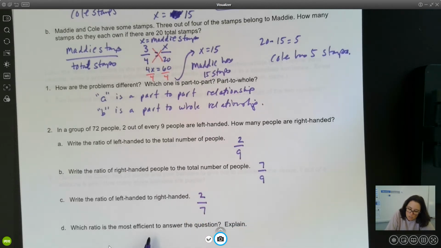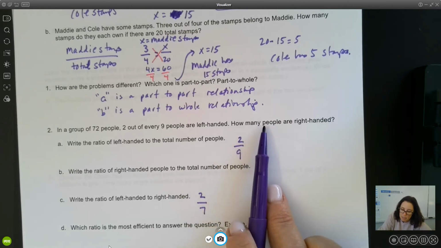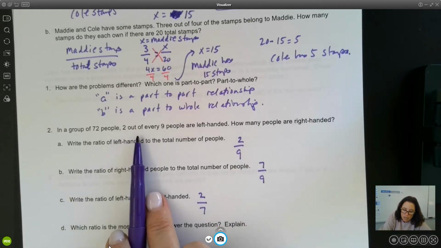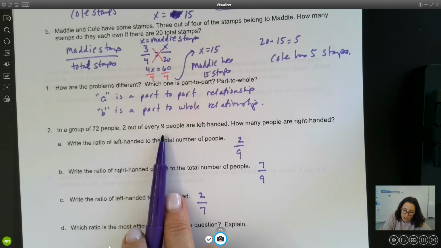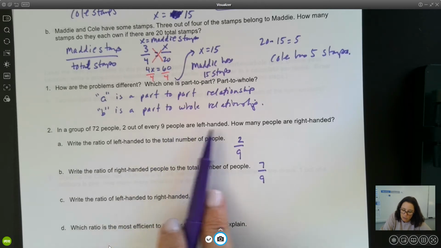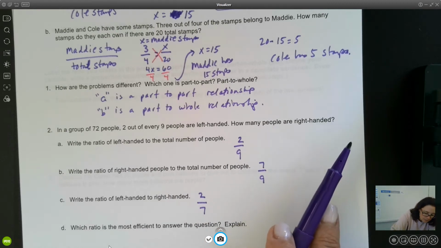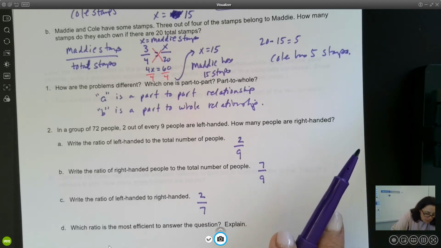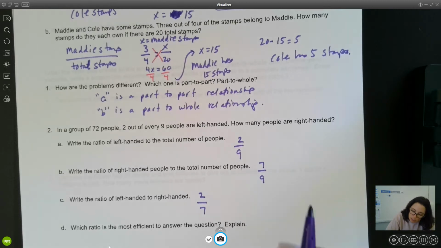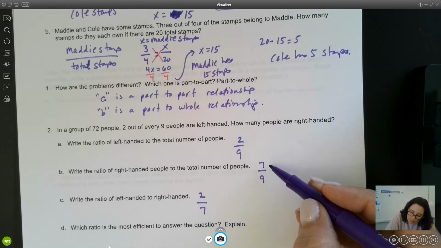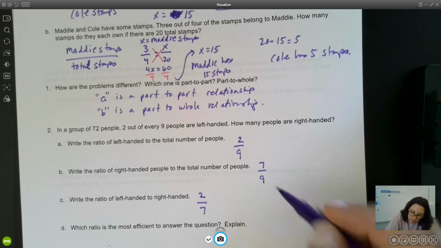Which ratio is the most efficient to answer the question? We need to find out how many people are right-handed. We've got 2 out of 9 are left-handed, and we want to know how many people are right-handed. So the best way would be to use this right-handed to total number, the 7/9.